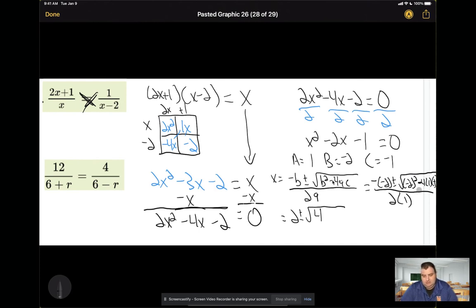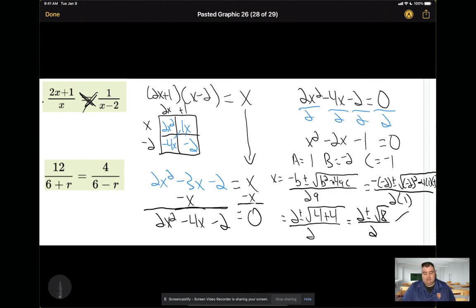Here I have negative 4 times 1 times negative 1. So negative 4 times 1 times negative 1, that's going to be a positive 4. Divided by 2. So this is going to give me 2 plus and minus the square root of 8 over 2.